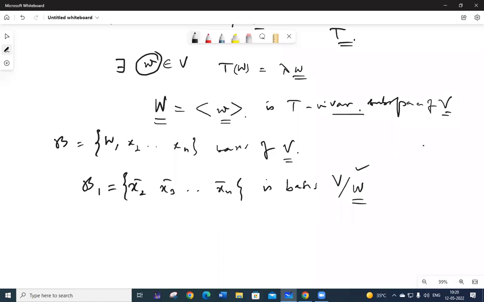That means the dimension of V is the same as the dimension of W plus the dimension of V by W. There we prove that this is a basis of V by W.